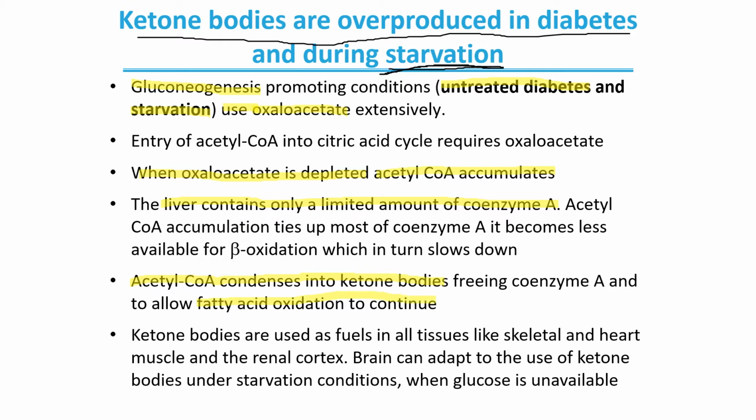Plus, these ketone bodies can be used as fuel or energy in many tissues of the body, like skeletal muscle, heart muscle, brain, and renal cortex. The brain can adapt to using these ketone bodies for energy under these emergency conditions.